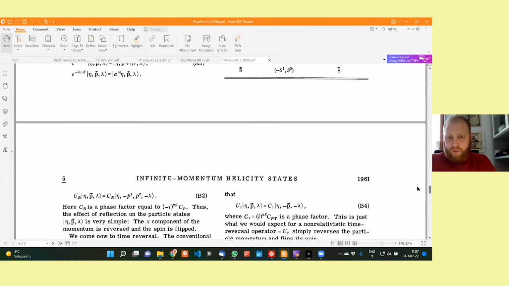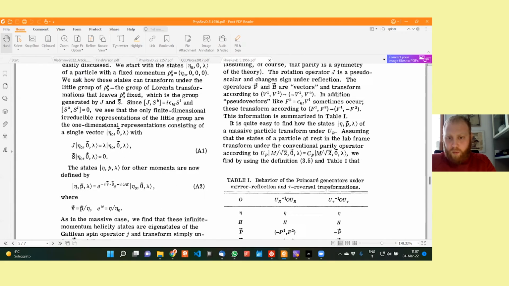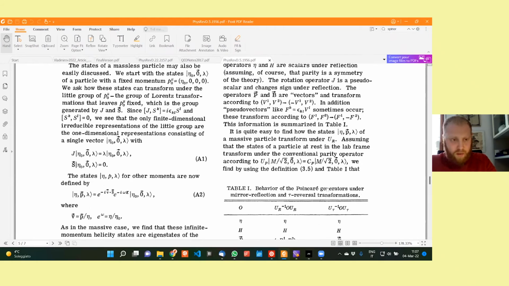The main point is that we keep calling it the light front helicity because in the infinite momentum frame, which is the natural way of looking at light front quantization, this light front helicity lambda reduces to standard helicity.